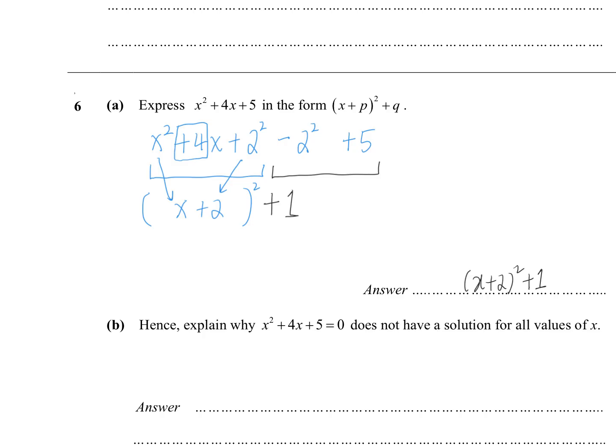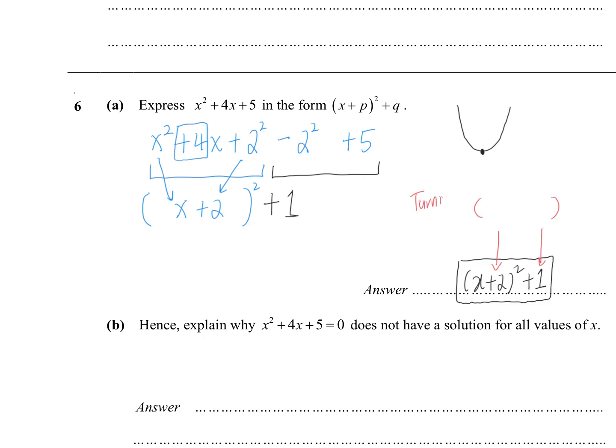Then they ask you, why is it that when I equate this to 0, I have no solution? If this is a graph, it is a minimum curve with a turning point. Can you tell the x and y coordinates of the turning point?